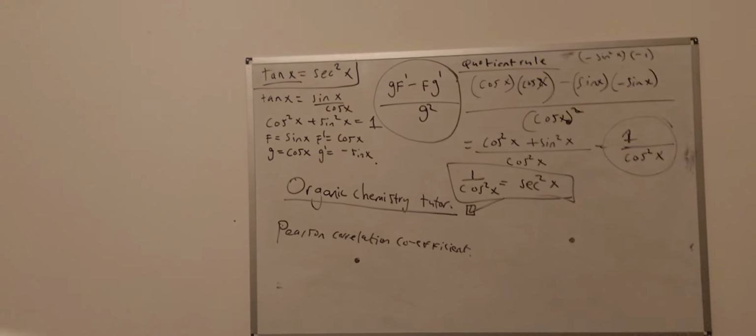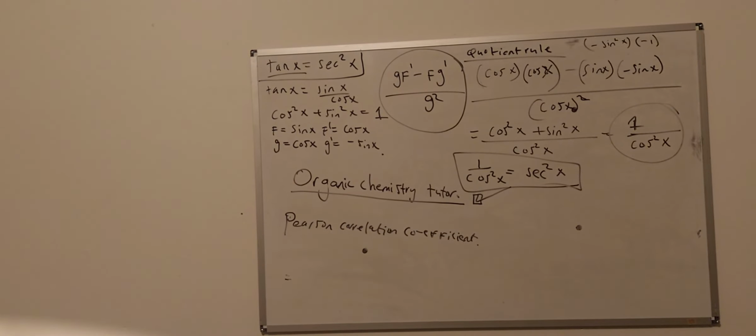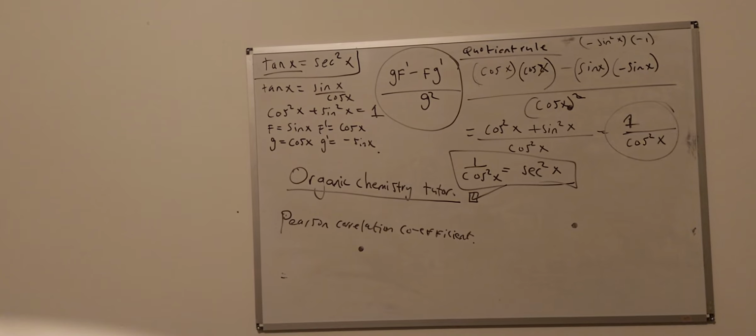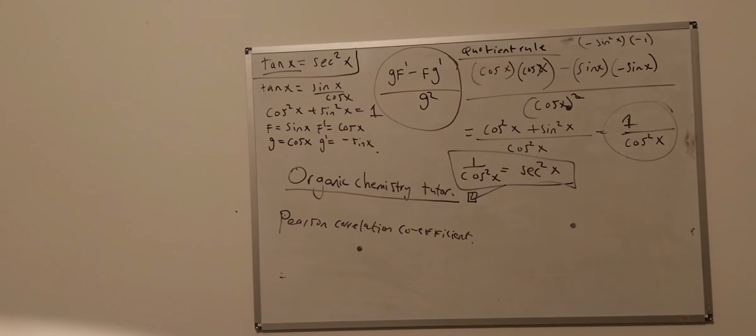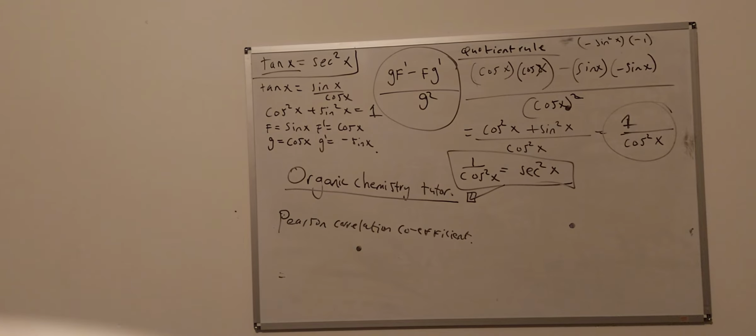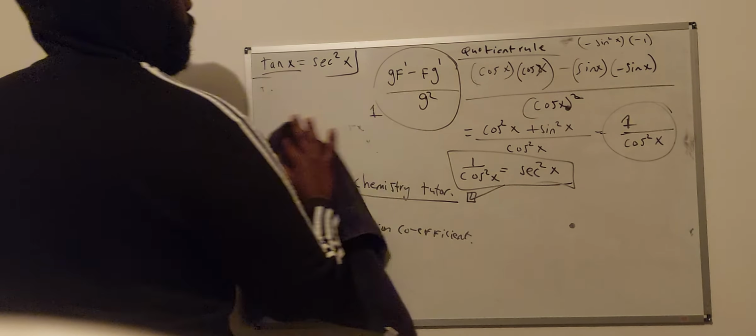Nah, man, we can't be done yet. Let's do a few more questions. Of what, though? What are we going to do questions about? I don't know. Let's see. What other questions can you think of?